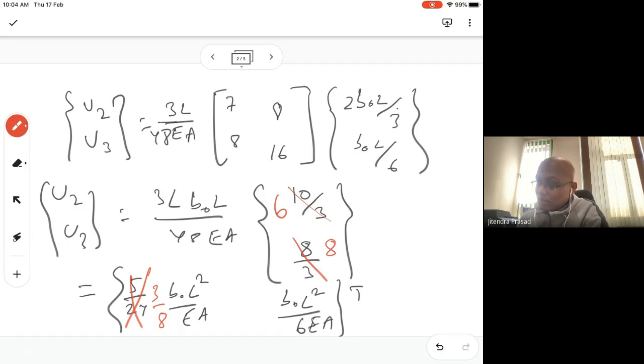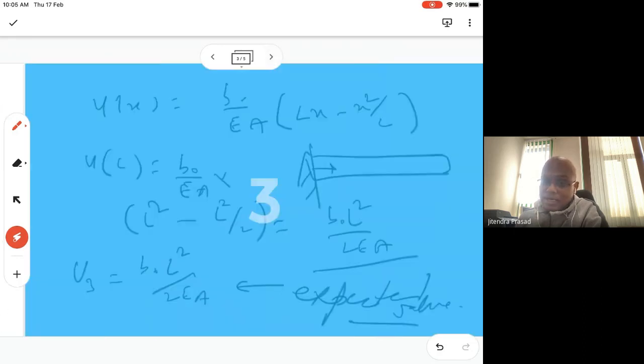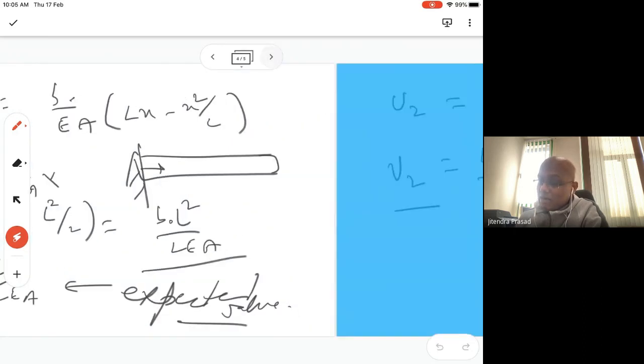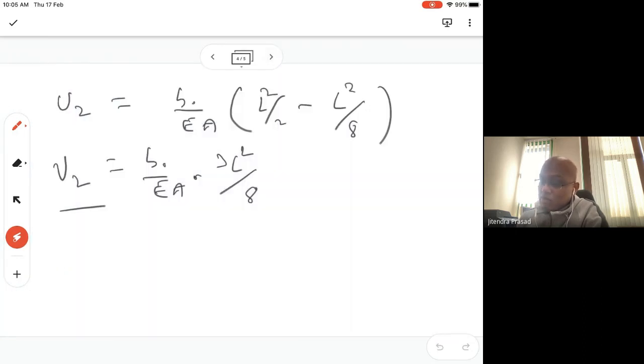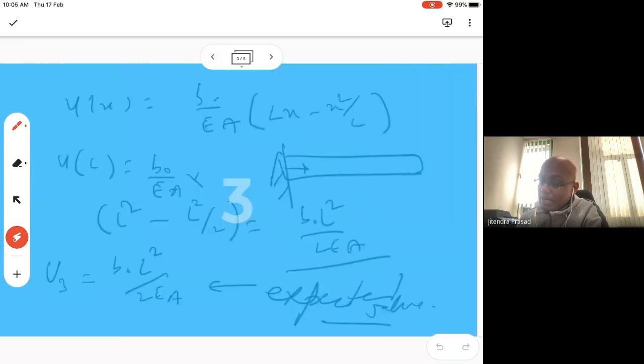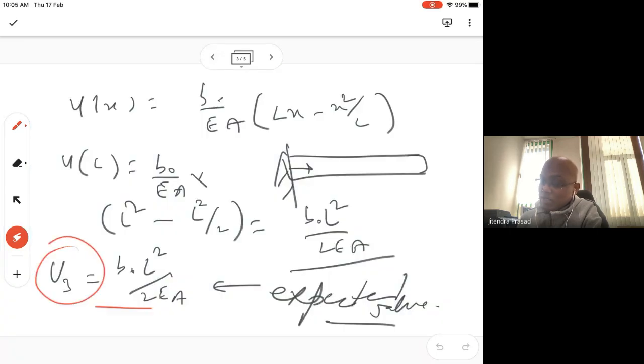So instead of 6, you have 2 here. And this follows the result. Next, this is how we found out. So U2 is 3 over 8 B naught L square over EA, and similarly U3 is B naught L square over 2. So this is what it follows.